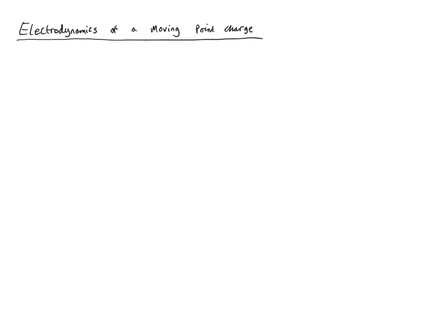So let's now consider the electrodynamics of a single point charge that is moving. So let's draw a little diagram. First of all, we'll draw on the point charge itself. This is something that has charge q, and we'll say that it's moving along with some particular velocity v.